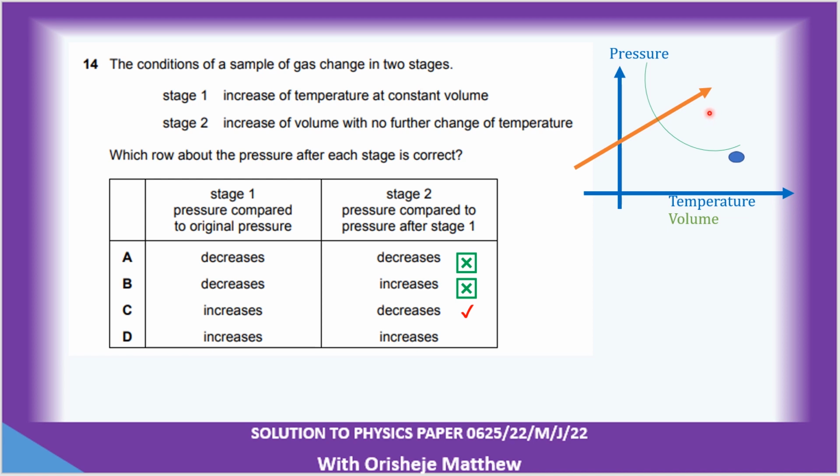The pressure increases compared to the original pressure. Stage 2, the pressure compared to the pressure after stage 1 decreases. So you can see that pressure decreases as volume is increasing. That's why C is the correct answer.